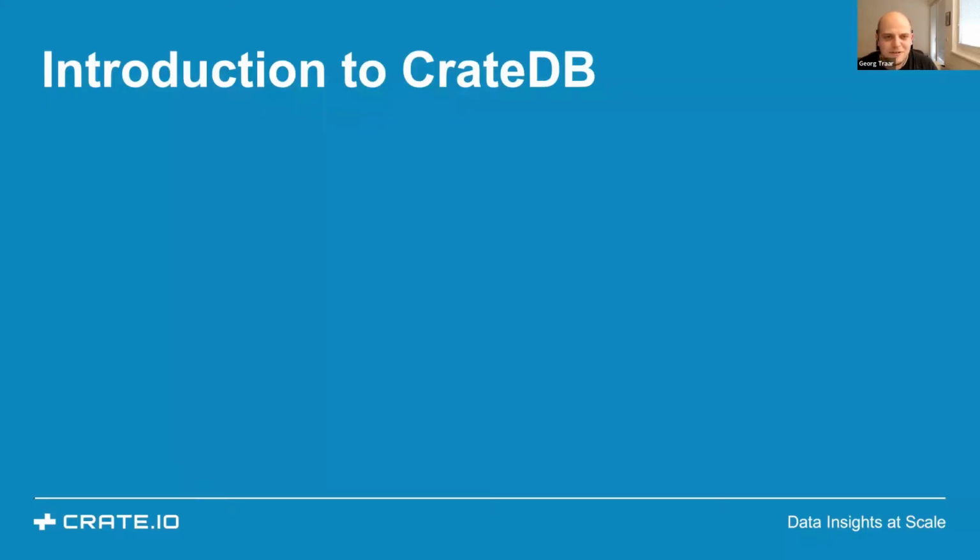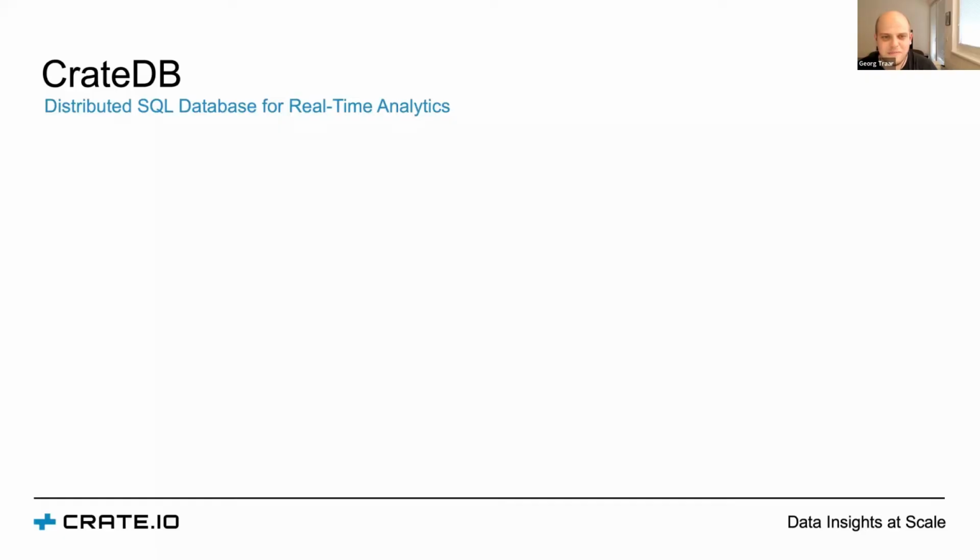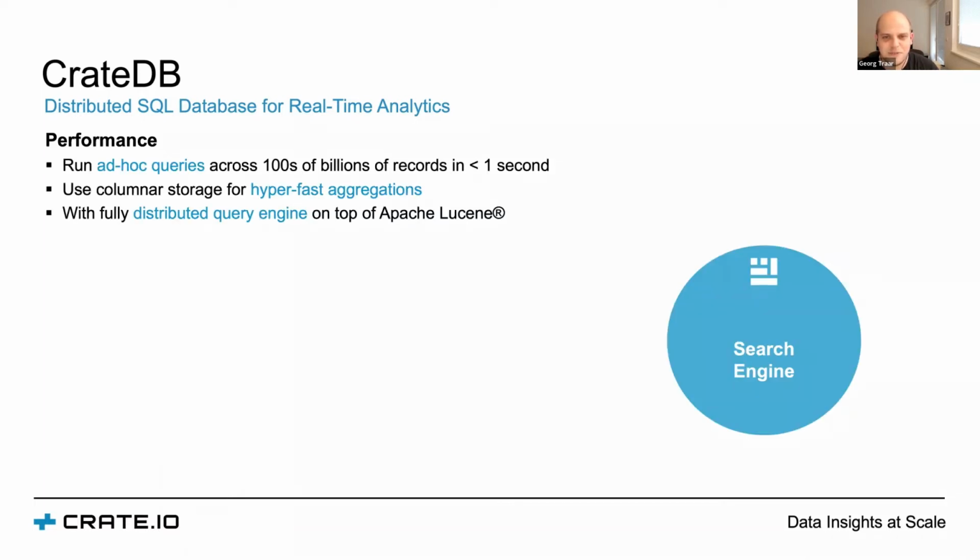As said, a short introduction to CrateDB, what really is our main technology. CrateDB is a distributed SQL database for real-time analytical use cases and really combines features from the performance side with the ability to run ad hoc queries across hundreds of billions of records in under 1 second.